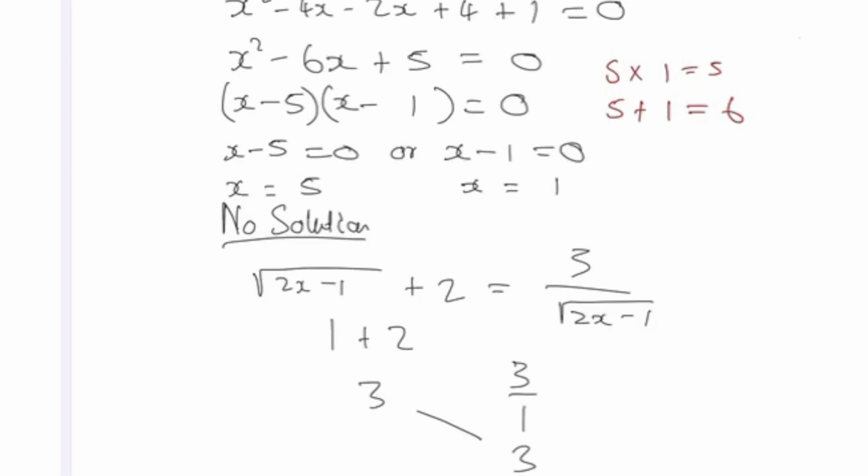So this one is true. And so this here is a solution to the given problem. This one cannot be a solution. x equals 5 cannot be true.